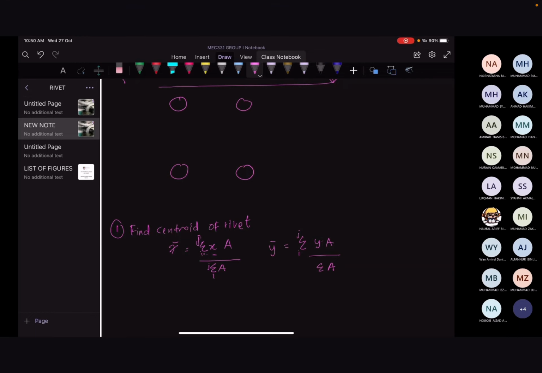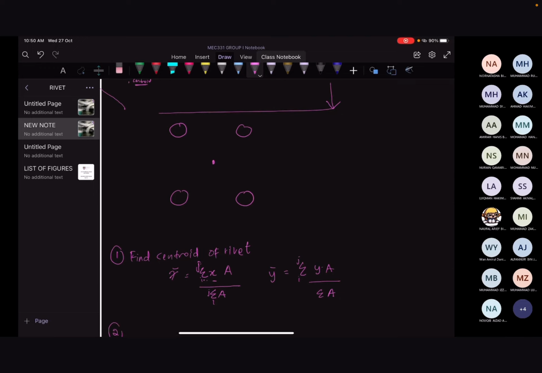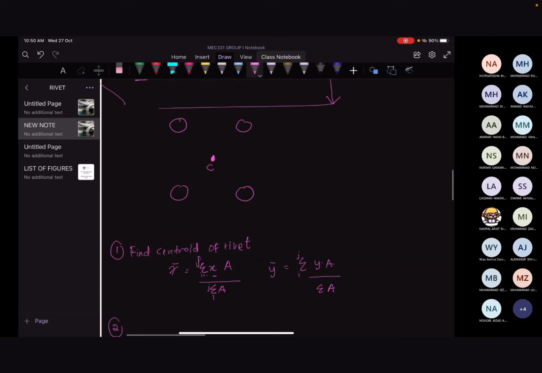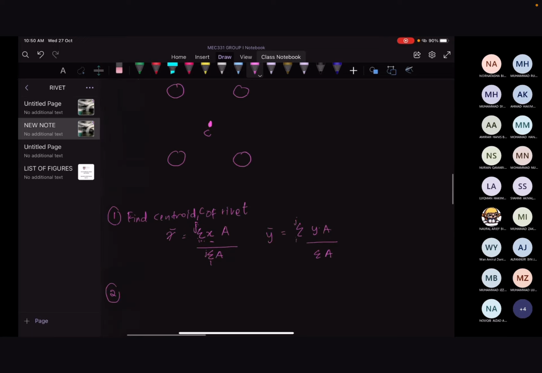Okay. So this one daripada sini kita tahulah yang dia punya A tu adalah area of the rivet. So number 2. So let's say dalam case ni we know that the centroid is here, centroid C. Then number 2, once we know the centroid of the rivet, we have to find the radial distance of each rivet.